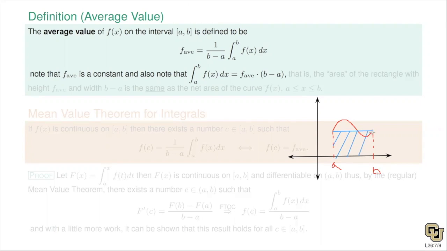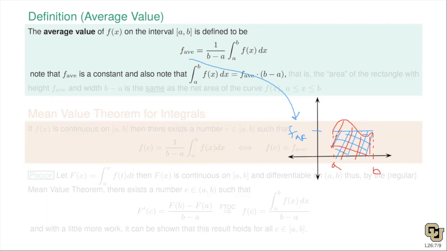So here I'm going to label the y value here. So the height here of this blue line is the average value, f sub AVE. And it's a constant. It's a constant, okay? There's my average value. And if you calculate b minus a times the average value, that area will be the same as the area under the curve.